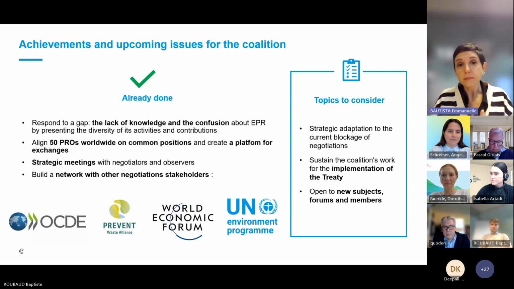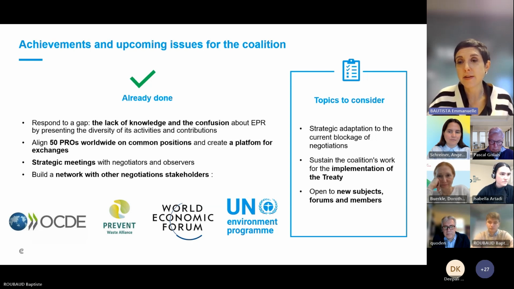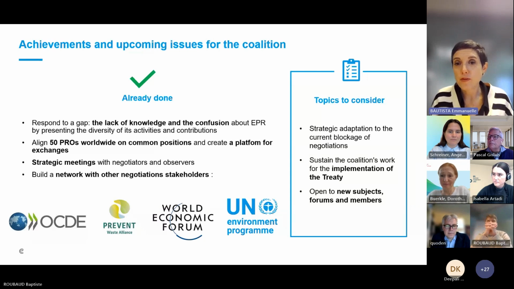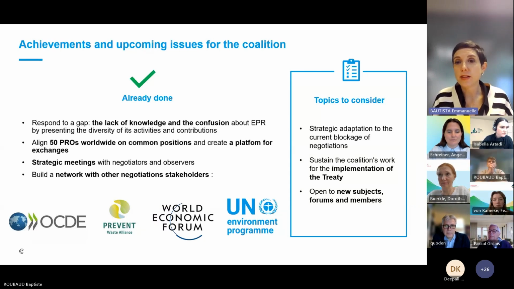So of course now, what could be the next steps for our work, for our coalition? First of all, in the perspective of this INC 5.2 and maybe 6 or 7, we don't know, it is to reflect on how we can strategically adapt to the current blockage of the negotiation, and how we could contribute to continue to explain things.